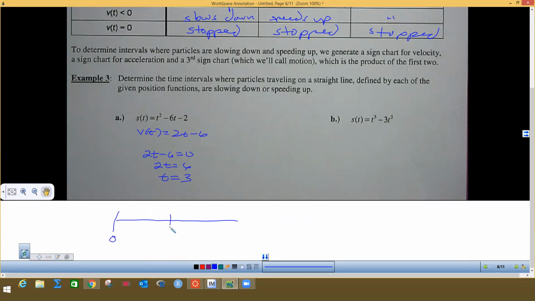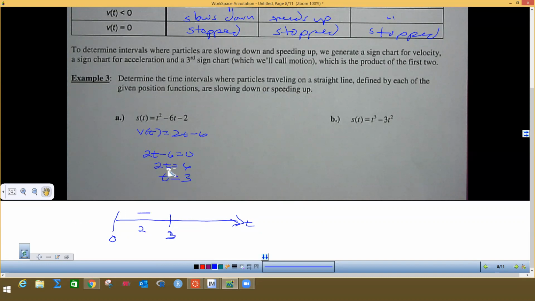So when t is 3, we want to know what's happening on each side, because you can't go back in time. We don't go past 0 because this is t, time. Okay, so I want to know what's happening from here and then what's happening on this side. So pick any number you want on this side. I'm going to pick the number 2 on this side, and I'm going to put it in here for this. So 2 times 2 minus 6, this is a negative here.